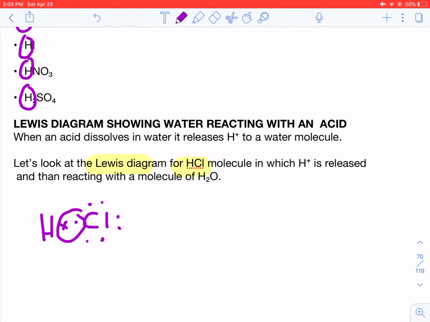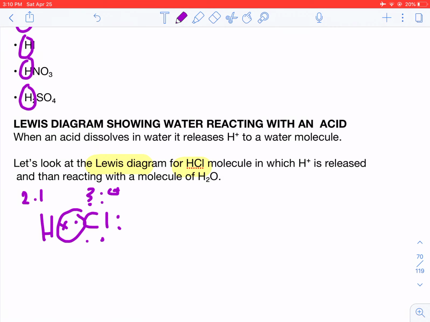Because the electronegativity of these atoms is different, the shared pair is attracted more towards chlorine than hydrogen, since chlorine is more electronegative. Hydrogen has an electronegativity of 2.1 and chlorine has an electronegativity of 3.0. You can check that in a periodic table.